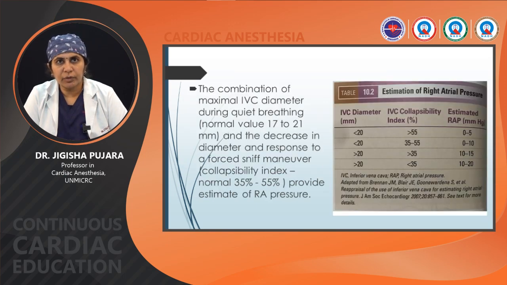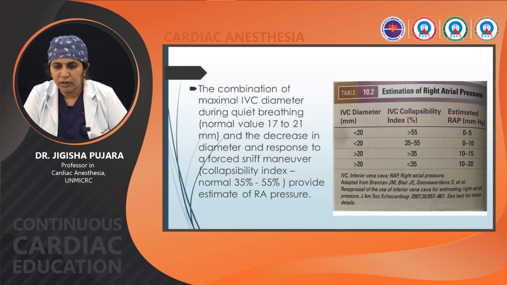The maximal IVC diameter during quiet breathing, normal value 17 to 21 mm, and the decrease in diameter in response to the forced sniff maneuver, collapsibility index normal 35 to 55%, provide the estimate of the RA pressure.